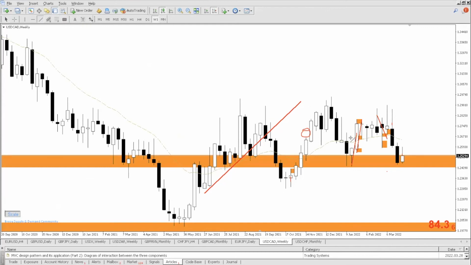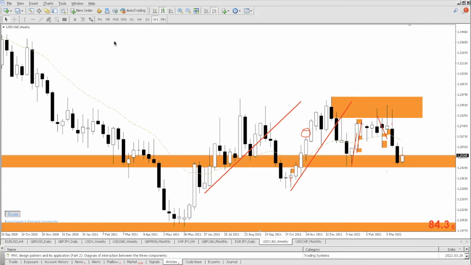Okay, another one here. This is a 2Vs. Okay, drop here, rally here. This one is not valid. And look, the latest one is this one. So what did price do? It touched this area and then it reacted, meaning it went down, right?